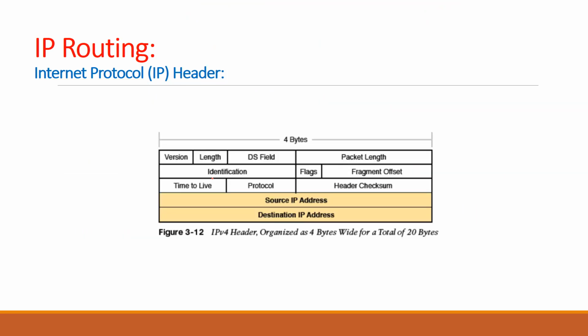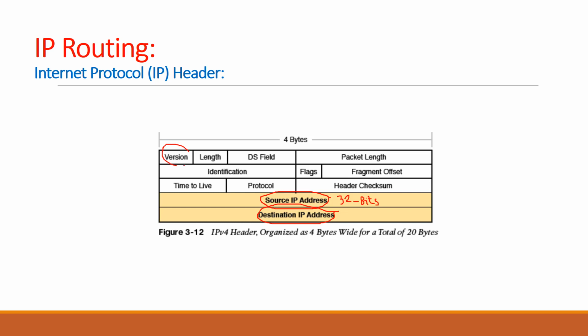What is the IP header of the network layer 3 packet? First of all, for now, think only about the source IP address and the destination IP address. In IPv4, they are 32 bits. By the way, this is the IPv4 header. We will not discuss the IPv6 header, where the source IP address is 128 bits. For now, we discuss only the IPv4 packet header.